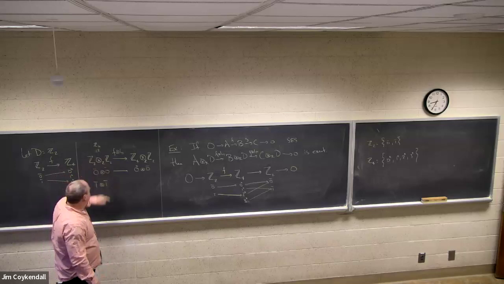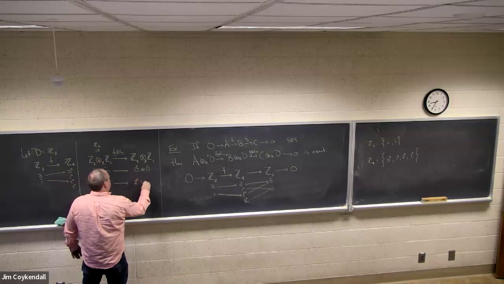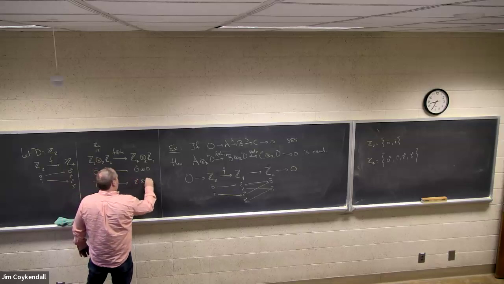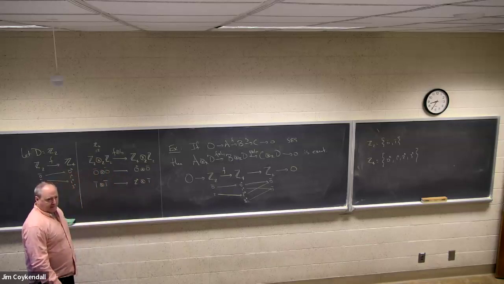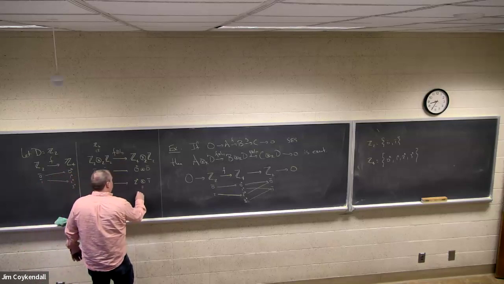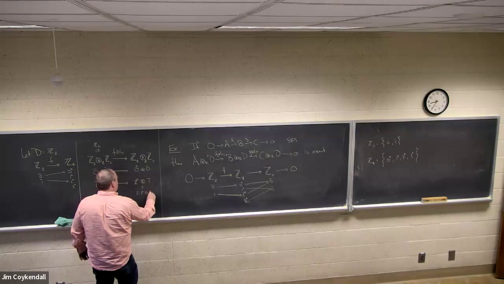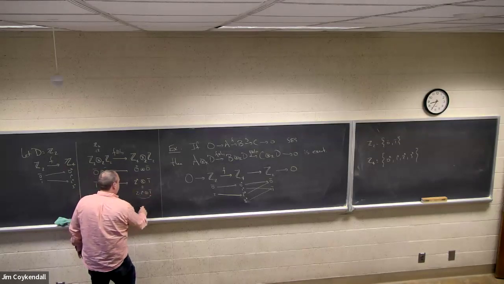Right? This goes to 2 star tensor. Right. And you might see the problem now, because this is 2 times 1 star. And now 2 swings across the tensor.